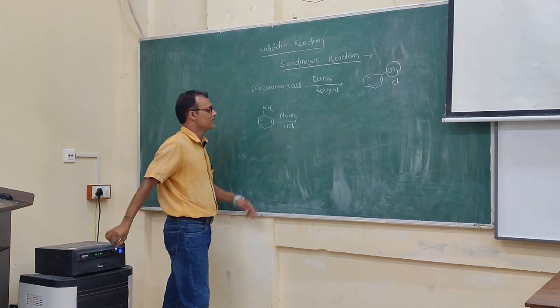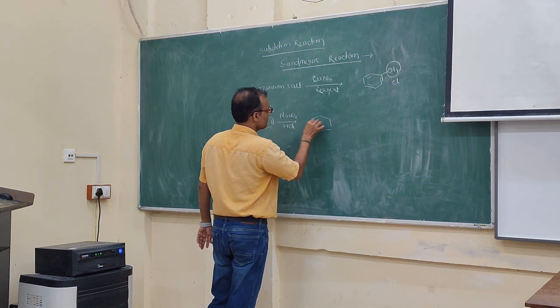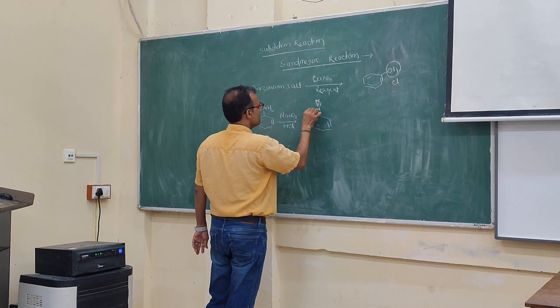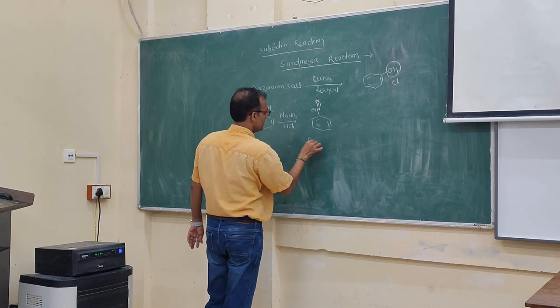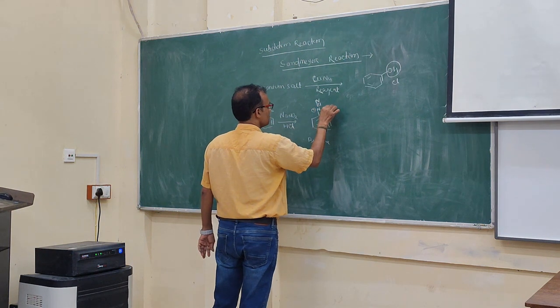You will first get the diazonium salt, written as N≡N+. This is benzene diazonium salt.